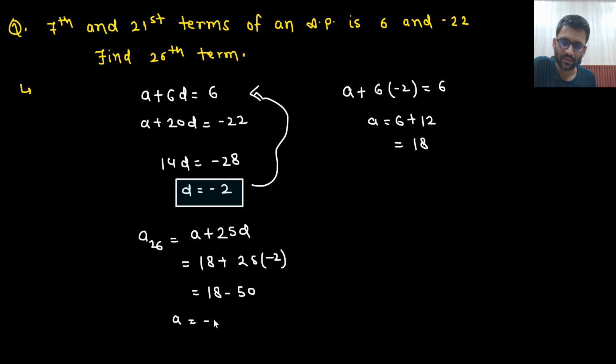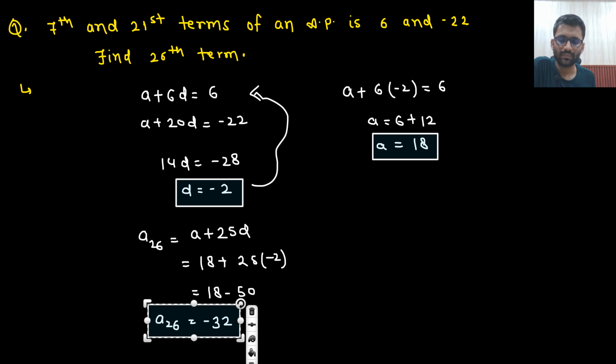So a26 is minus 32. Okay, wait a minute, sorry. a is 18 actually. a is 18, d is minus 2. So 18 minus 50, a26 is minus 32. Well and good, very easy, right?